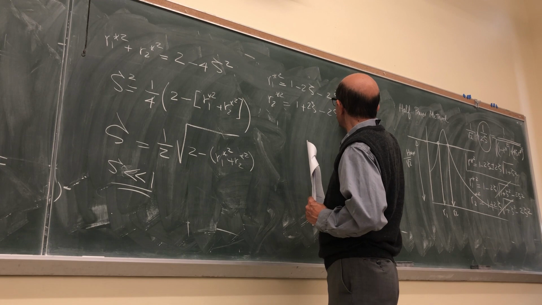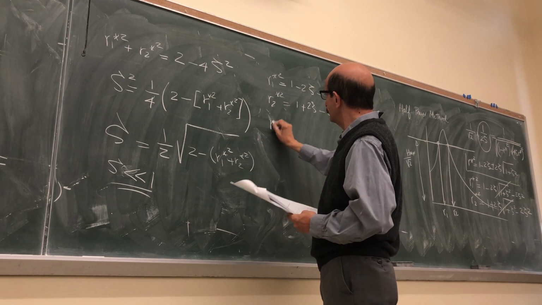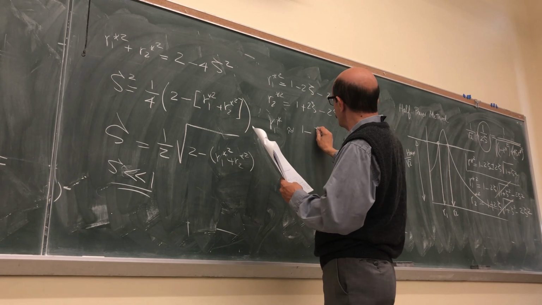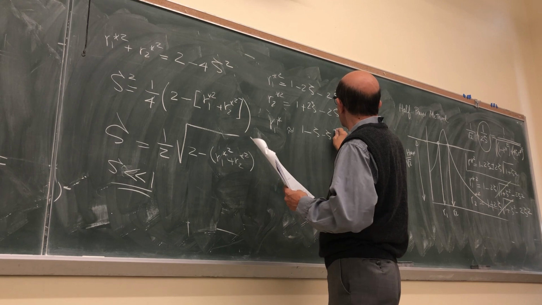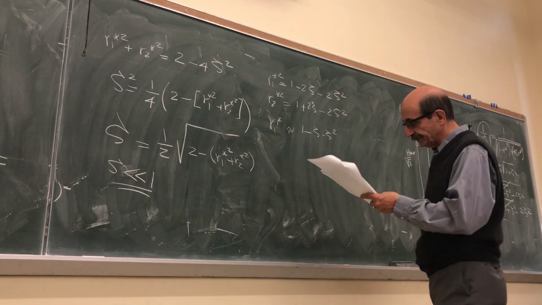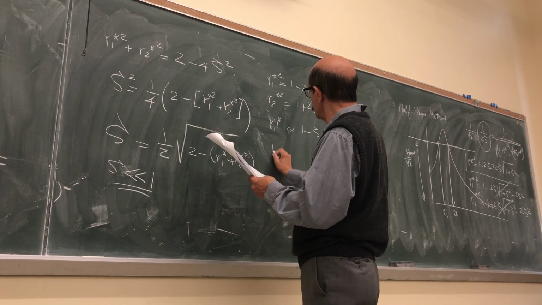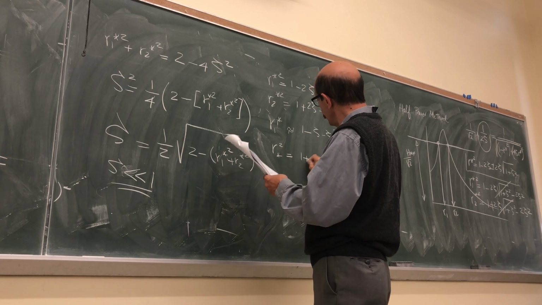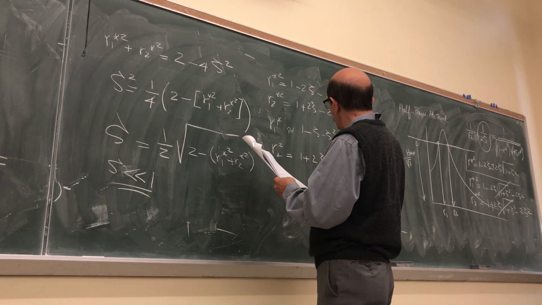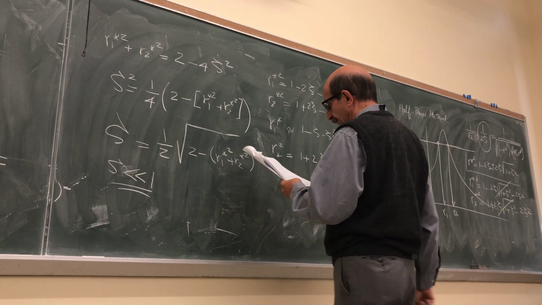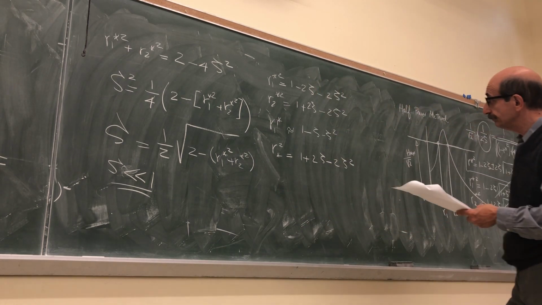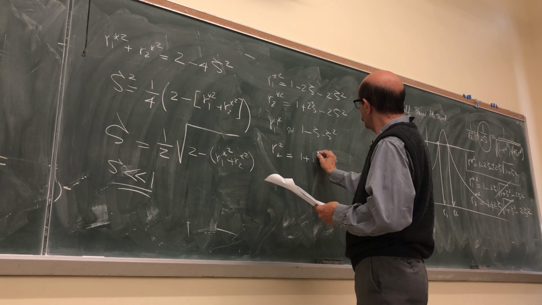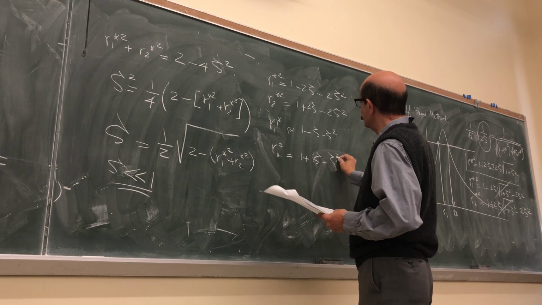So now, R1 is almost 1 minus zeta, because that damping is very small, and R2 is 1 plus zeta.